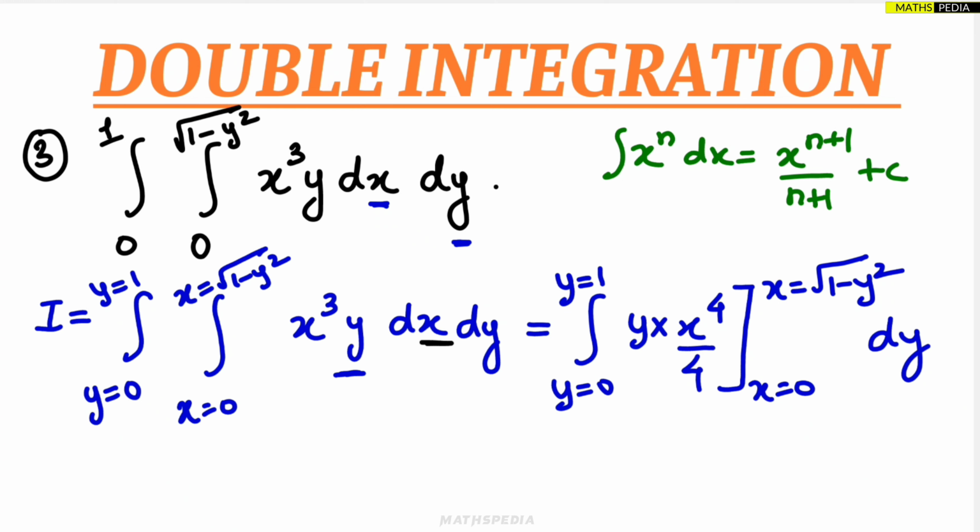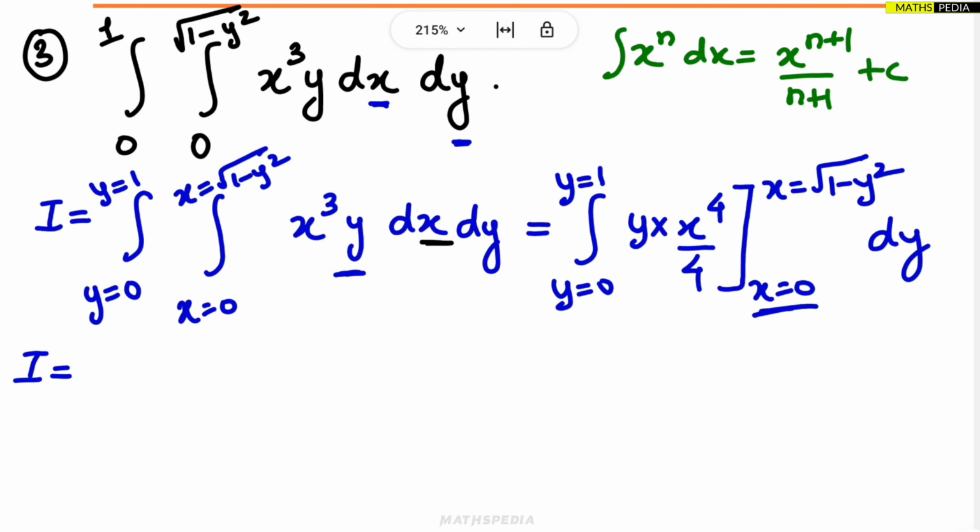Now we have to focus on x. In place of x we have to substitute, and y is treated as constant. So let us now apply the limit. Integral I is equal to the outside integral, which will remain the same, y is equal to 0 to y is equal to 1. Let us focus on the upper limit. The 4 is also constant, so I'll take y by 4 outside.